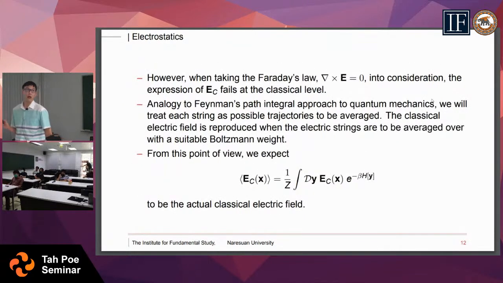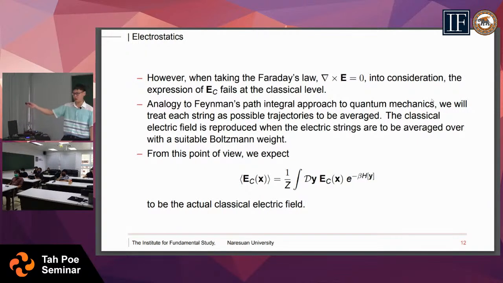However, when you need to consider whether the solution is physical, you need to consider if it satisfies the Faraday law or not, right? The Faraday law in this scenario is just curl E equal to 0, because we work in electrostatics. We don't have the variation of the magnetic field, right?